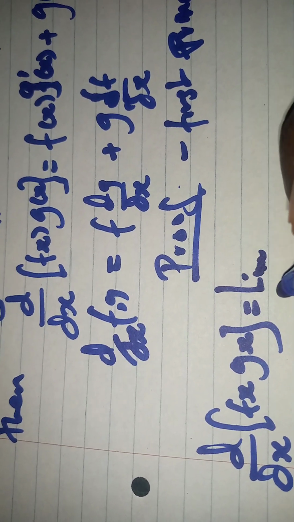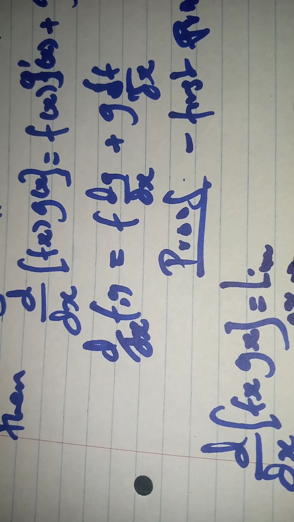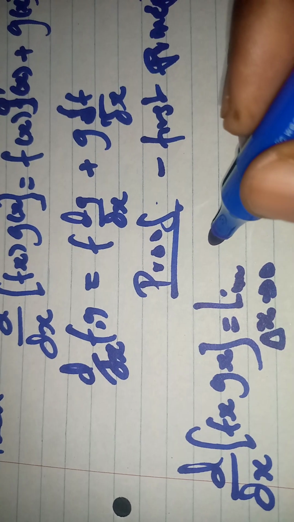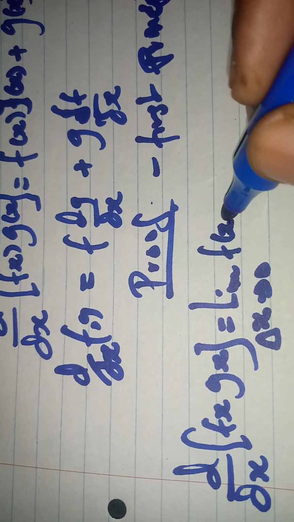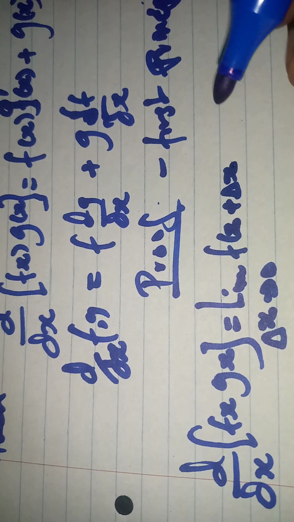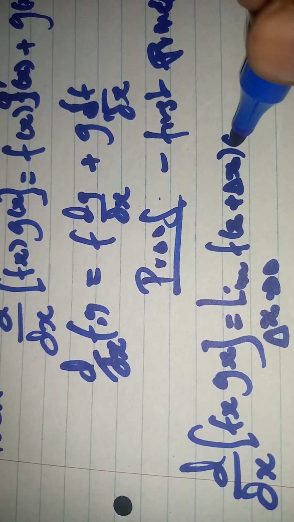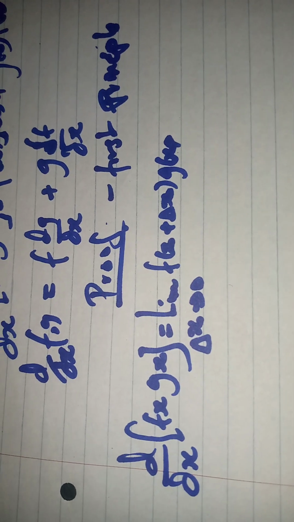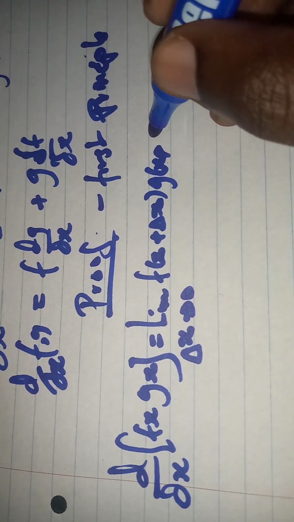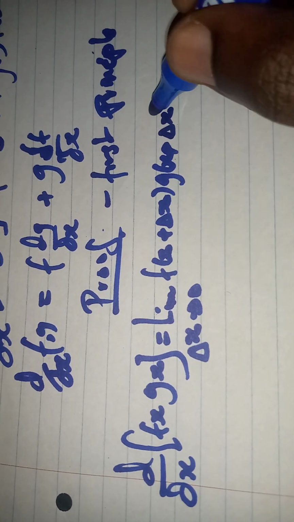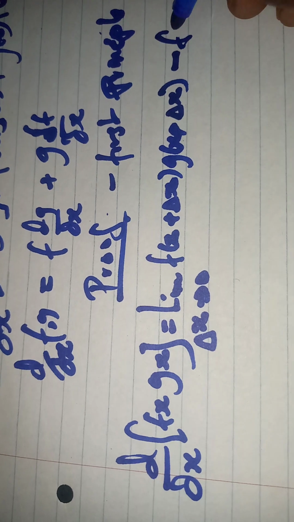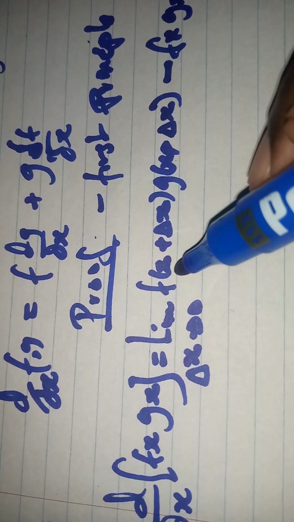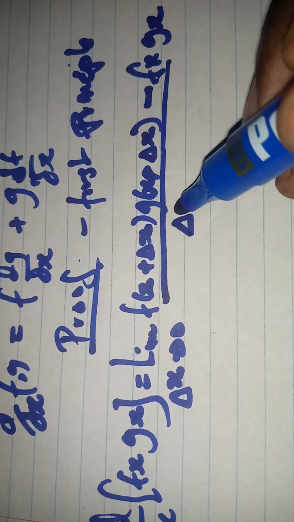So the limit as a small change in x goes towards 0 of f of x plus a small change in x, times g of x plus a small change in x, subtract my equation, f of x g of x, and everything over the small change in x.